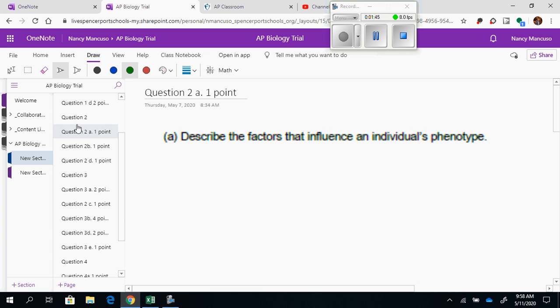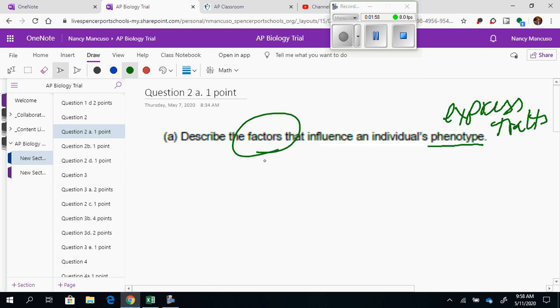So, describe the factors that influence an individual's phenotype. Phenotype is how you express your traits. The expression of your traits is your phenotype. So what are the factors that influence it?